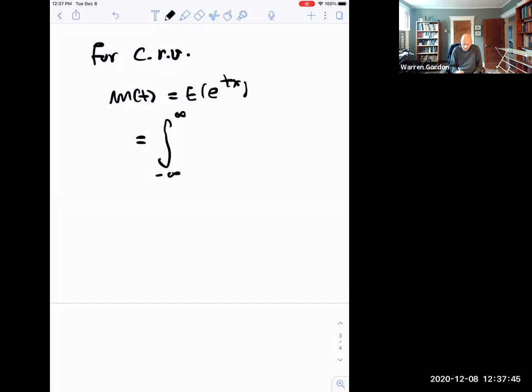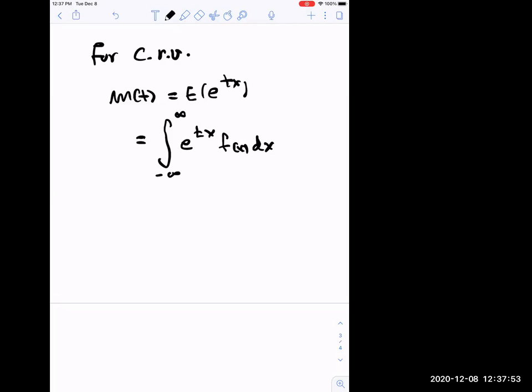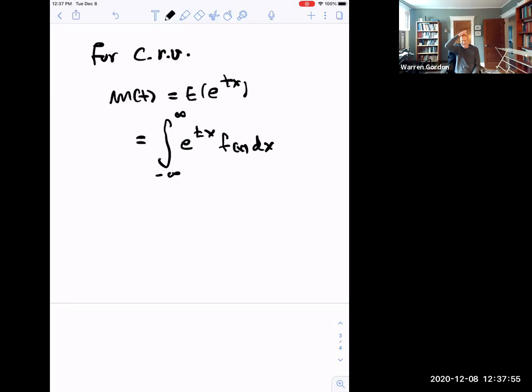It's usually some finite range, though, of e to the tx times f of x dx. And in some cases, you may need to use integration by parts. I don't believe that's going to show up on the exam because I don't want to have to spend time testing integration, something people are supposed to know anyway.